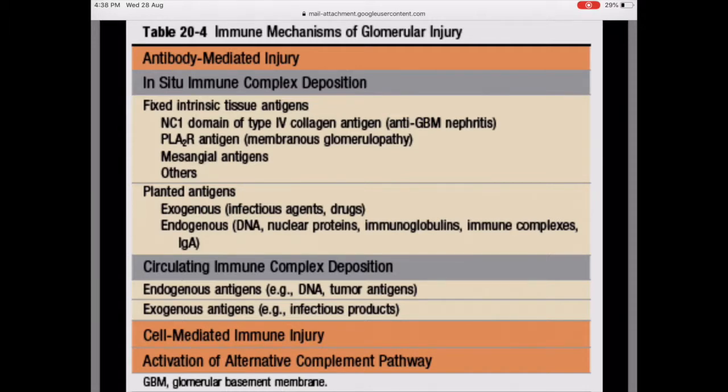In situ immune complexes will form as a result of abnormal proteins within the basement membrane and mesangium, or proteins coming from outside and getting implanted in the mesangium or in the basement membrane.